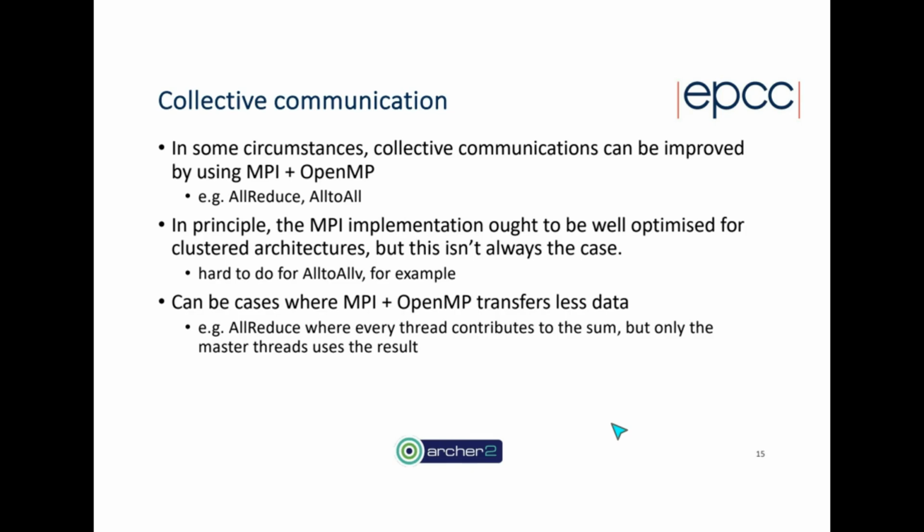So there can be cases where the hybrid MPI plus OpenMP version transfers less data. For example, if you have an all reduce where every thread contributes to the sum, but only the master thread on each process actually uses the result, then that may reduce the number of stages in your communication tree pattern that are actually needed.